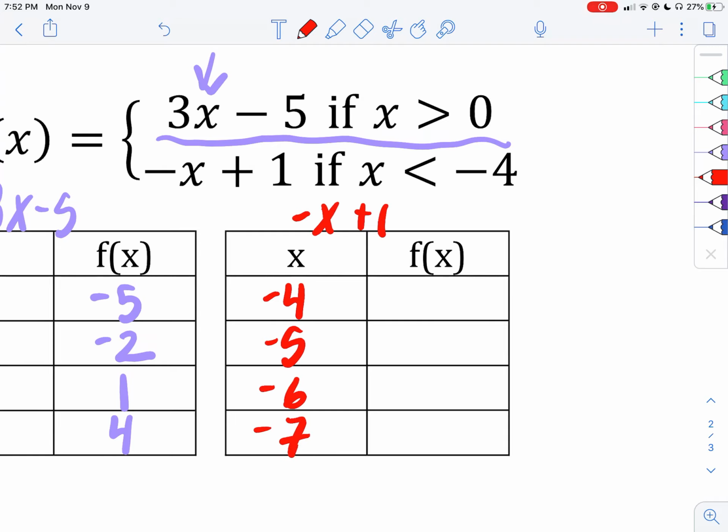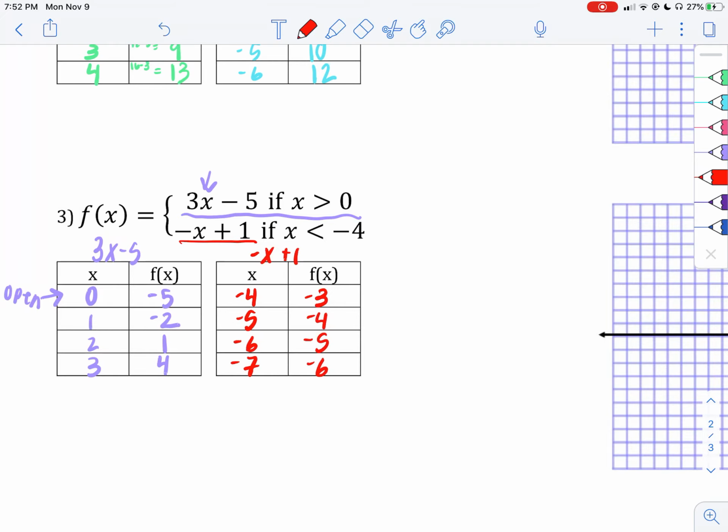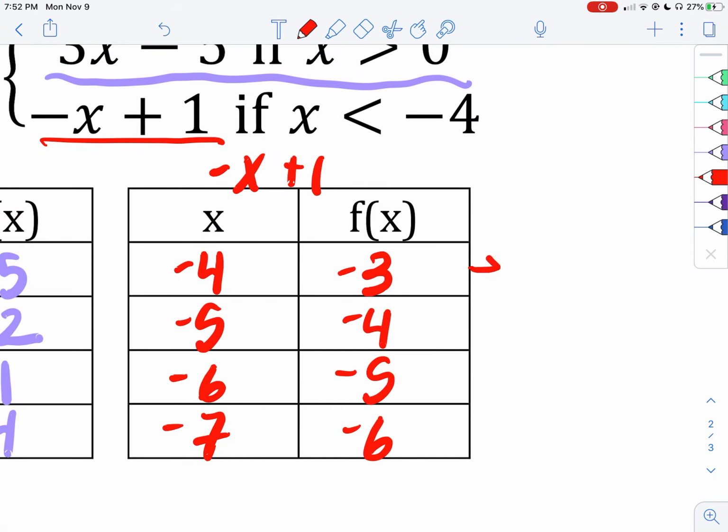Okay, so negative 4 plus 1, negative 5 plus 1, negative 6 plus 1, and negative 7 plus 1. Okay, and if x is less than negative 4, then we would have an open circle on our graph here.